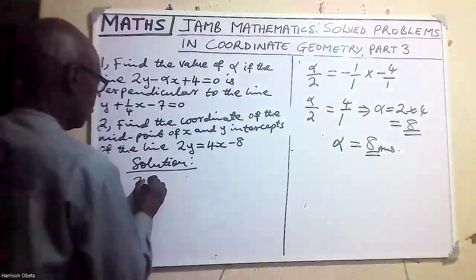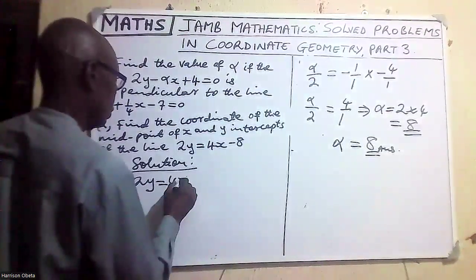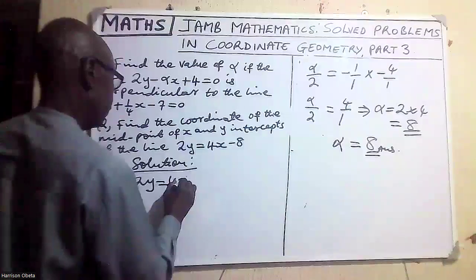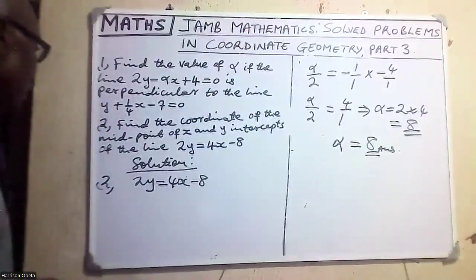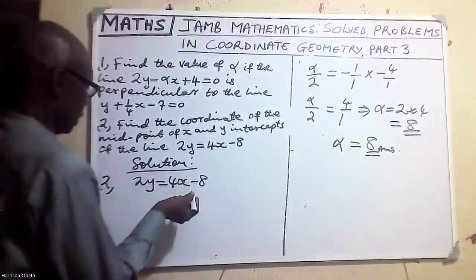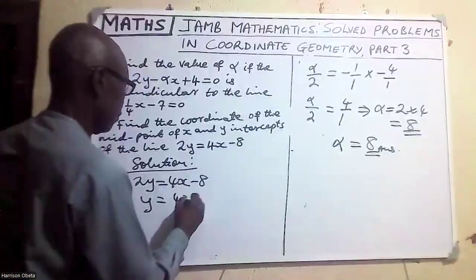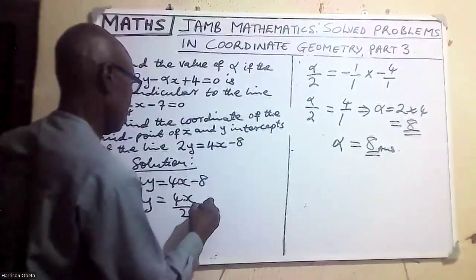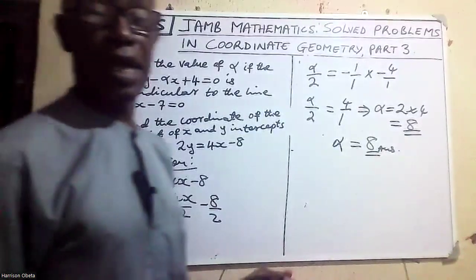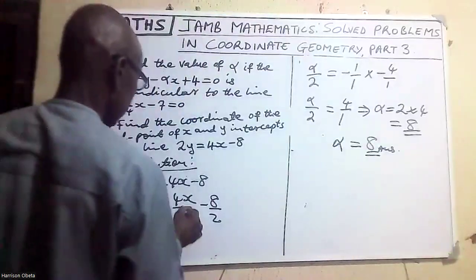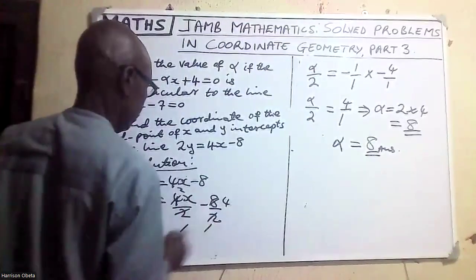We have 2y is equal to 4x minus 8. And then you can also write it as y equal to 4x over 2 minus 8 over 2. And that is dividing through by 2.